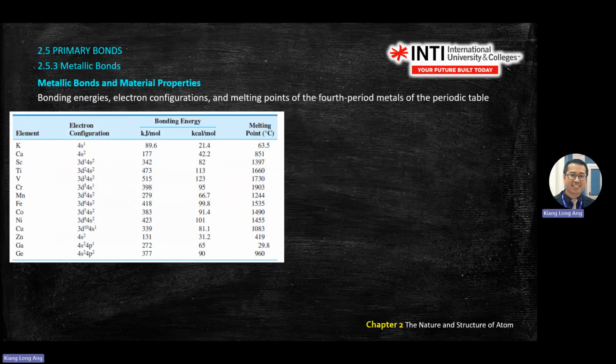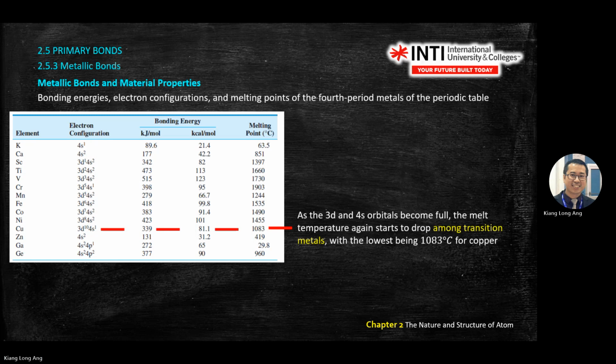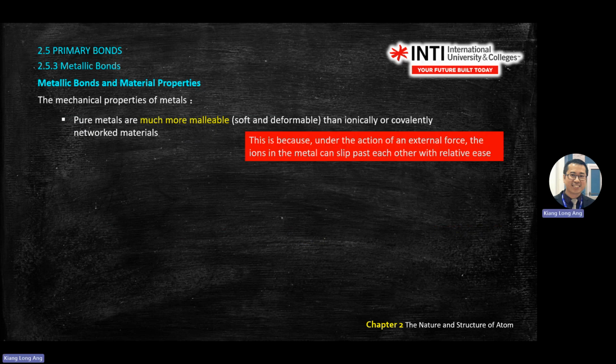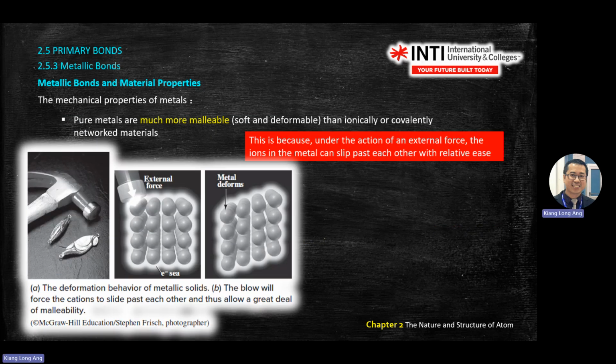Okay, you see copper, there's 4s, there's 1 electron jump to 4d. Okay, pure metal, all this you read, mechanical properties, they are easier to form shape. The technical word is called malleable, soft and deformable.